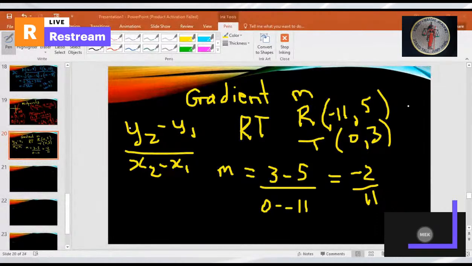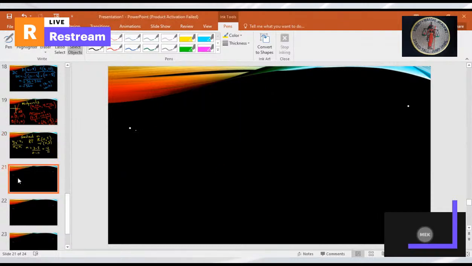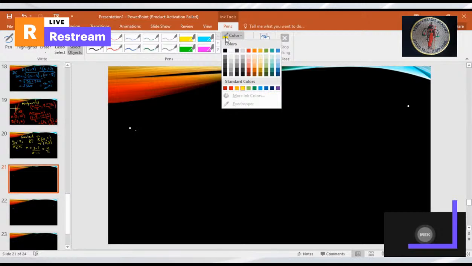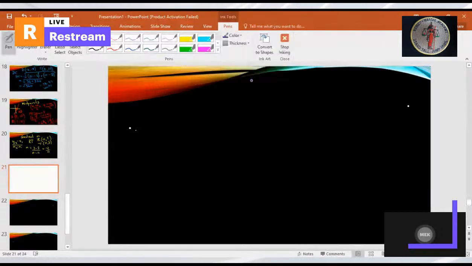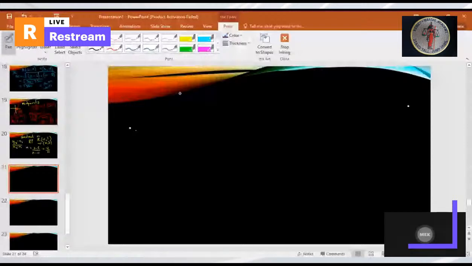Now we're going to look at how we can tell the gradient simply by looking at the equation. But before I do that, let me go to work on this one. We didn't do any example for this line. So let's say this is W P. I want to work out the midpoint and gradient.